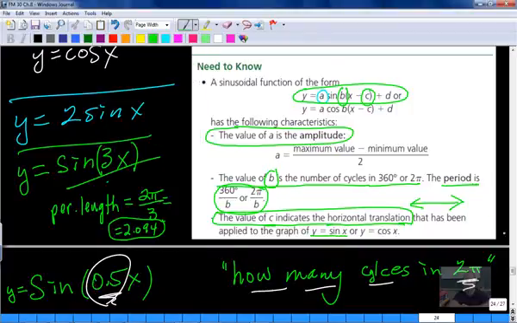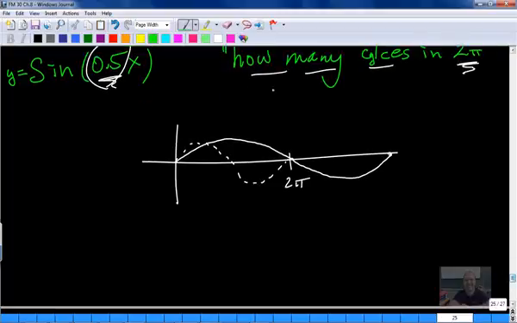I'm going to draw another graph here that maybe explains that a bit better, but watch this. If this is your original sine graph, 2 pi units is about 6.2, right? So let's say here's 6, and so this is 3. So we got 1, 2, 3, we got 4, and we got 5.